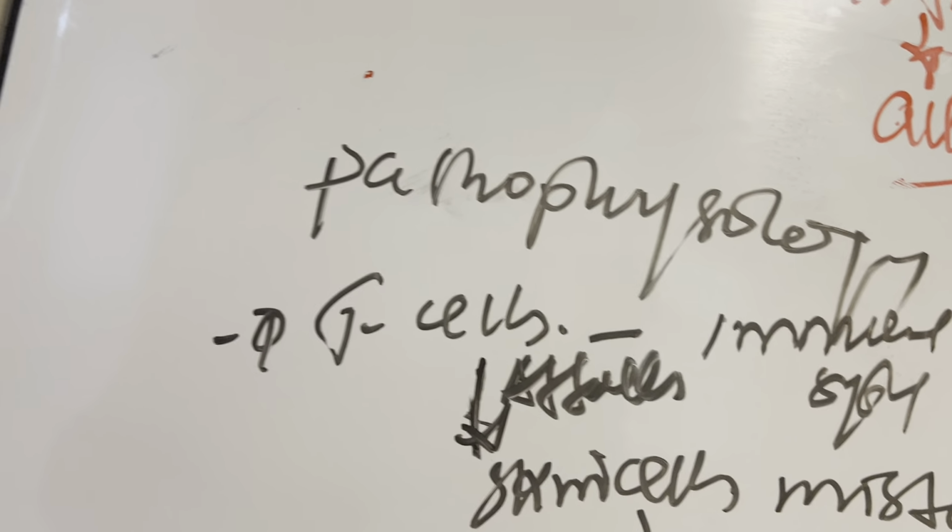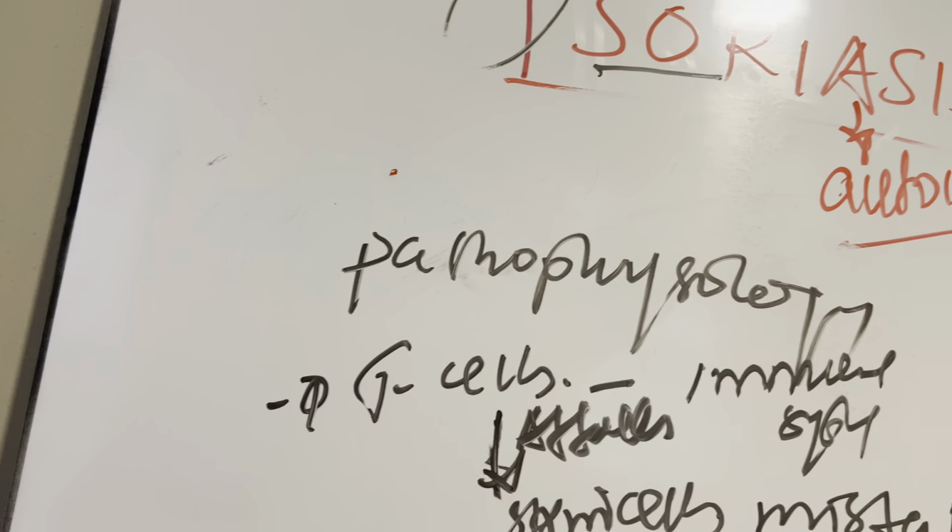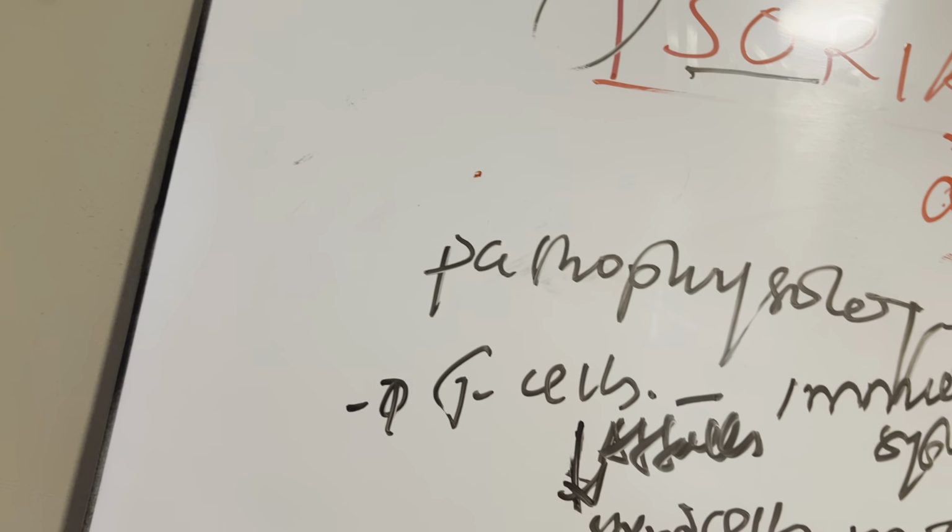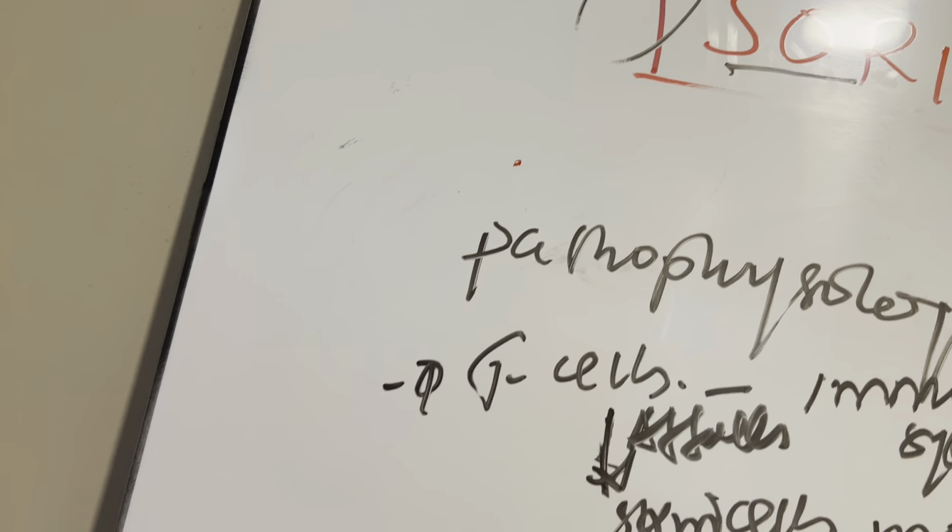Normally, skin cells take weeks to mature and shed. However, in psoriasis, this process occurs in days, resulting in a buildup of cells.